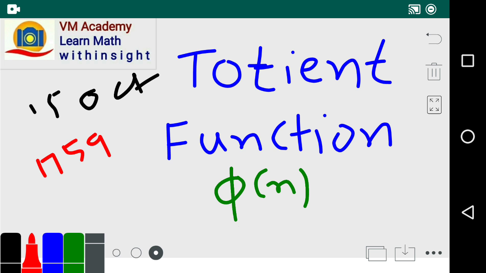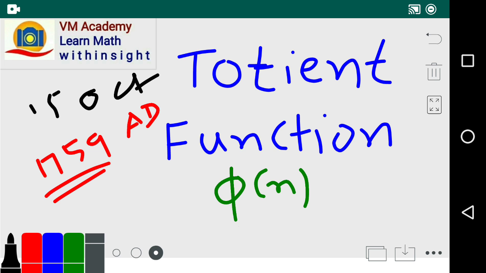1759, in a paper titled Demonstration of a New Method in the Theory of Arithmetic. The title was in another language: Theoremata Arithmetica Novo Methodo Demonstrata.